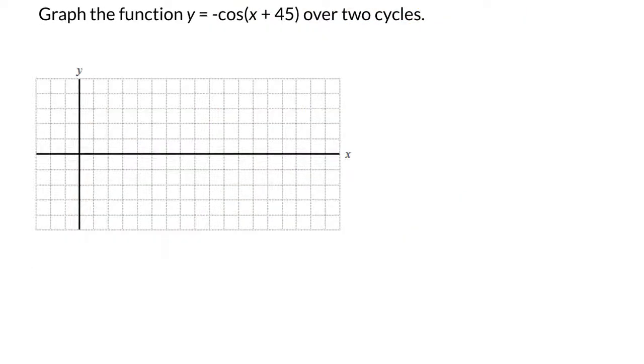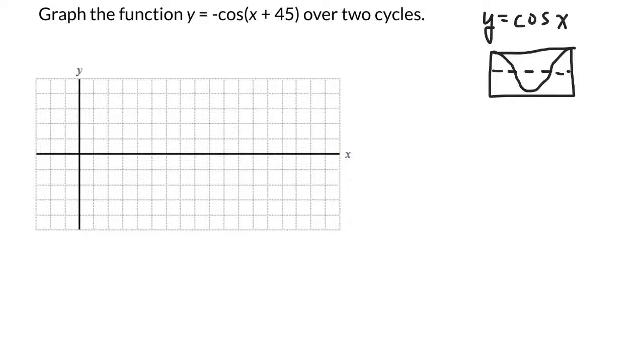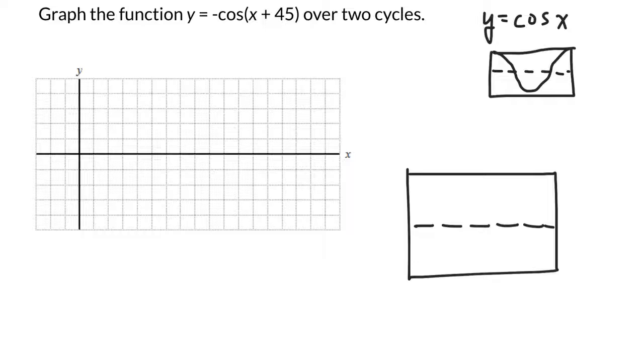Here's another function that I want to graph. First thing I need to look for is whether it's sine or cosine. This one's cosine. So I know that my parent function is cosine, which roughly looks like that. So I'm going to set up my box just like I did the last time.